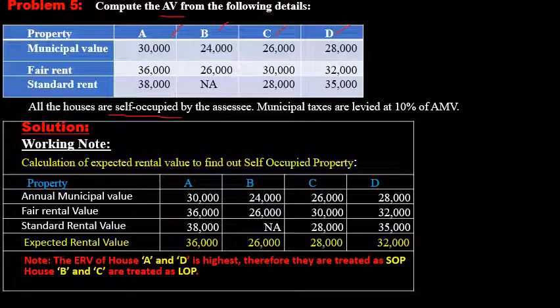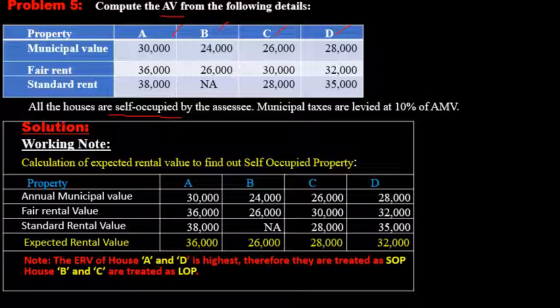The first two houses which get a higher expected rental value are considered as self-occupied property, and the remaining houses are considered as deemed let out property, meaning they have to be assessed like a let out property.